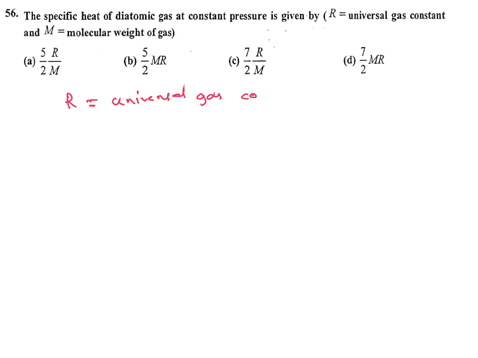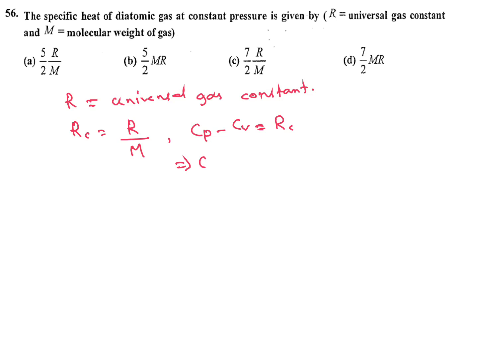Gas constant. We know Rc is our characteristic gas constant. Rc is equal to universal gas constant by molecular weight. And one more thing, Cp minus Cv equal to Rc. This is the characteristic constant.